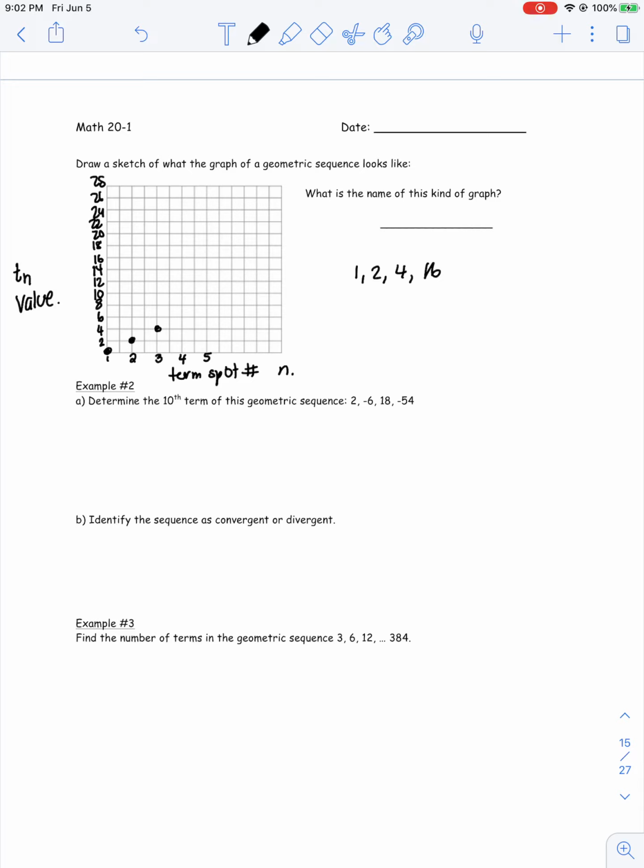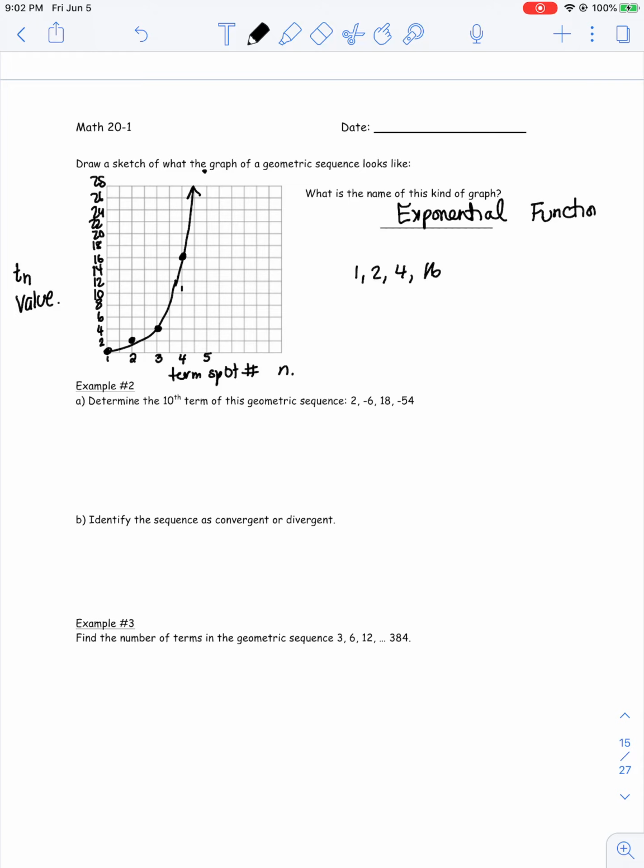At term 3, we're at the value of 4. At term 4, we're at 16 up here. And then at term 5, we're already off the chart. What you should notice is that this graph increases very quickly, and we'll put an arrow to show that. These are called exponential functions.